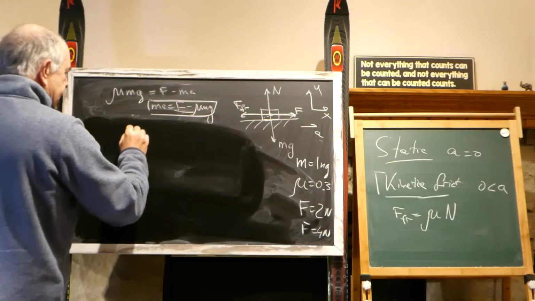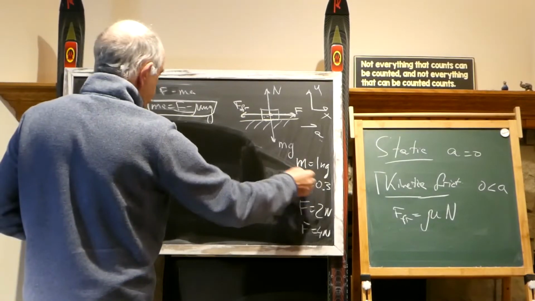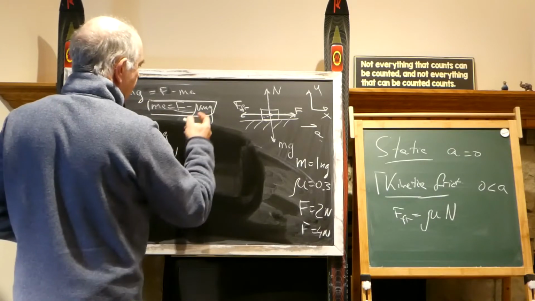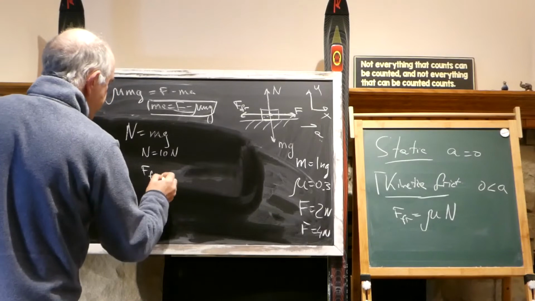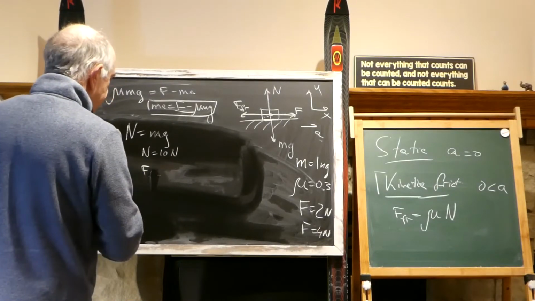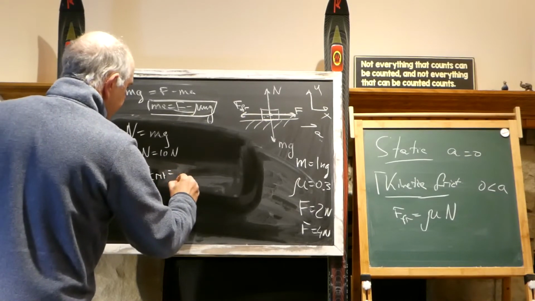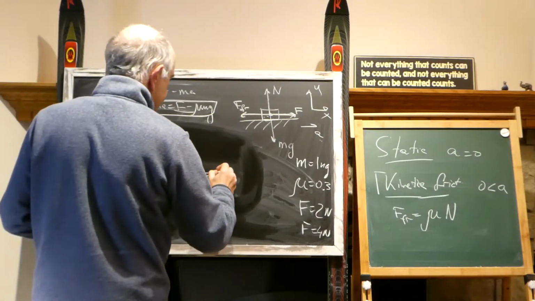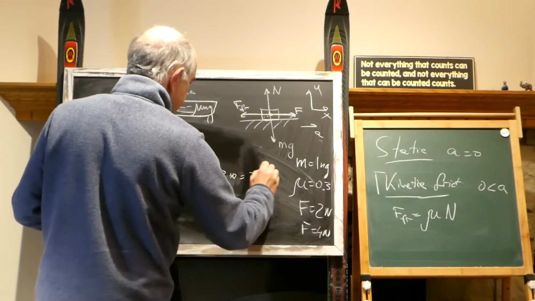In this particular case, we know n equals mg, so n equals 10 newtons. We know that this critical friction, let's call it F critical, is equal to mu multiplied by n, and if we put in 0.3 multiplied by 10, it's 3 newtons.